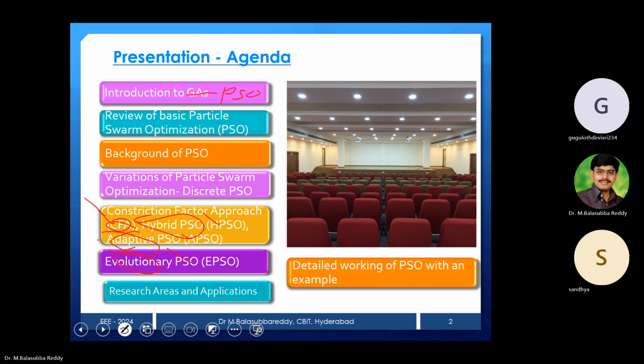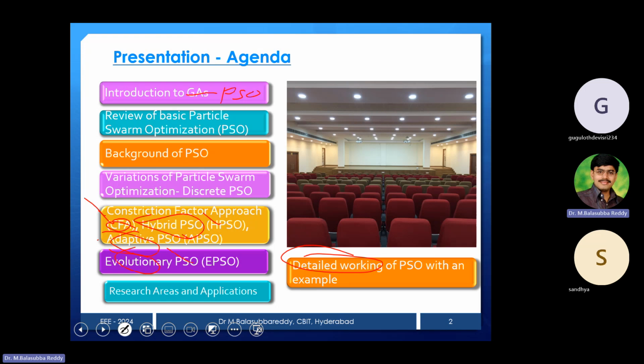Now also, we'll take a sphere function and see how to solve it using the PSO algorithm, and we are going to implement that.